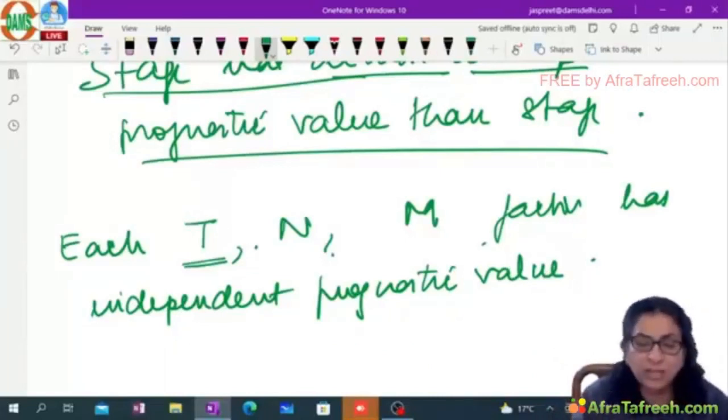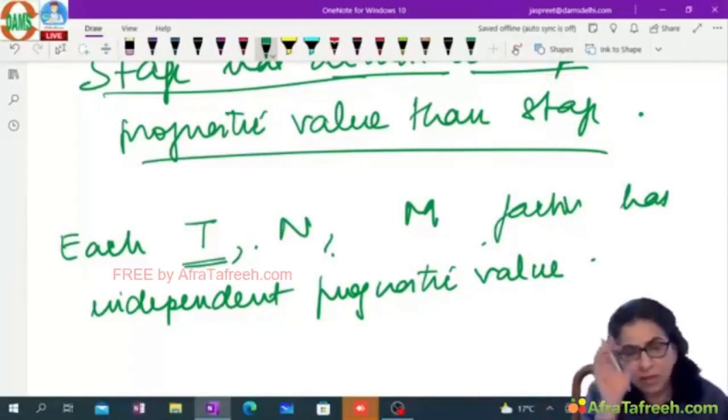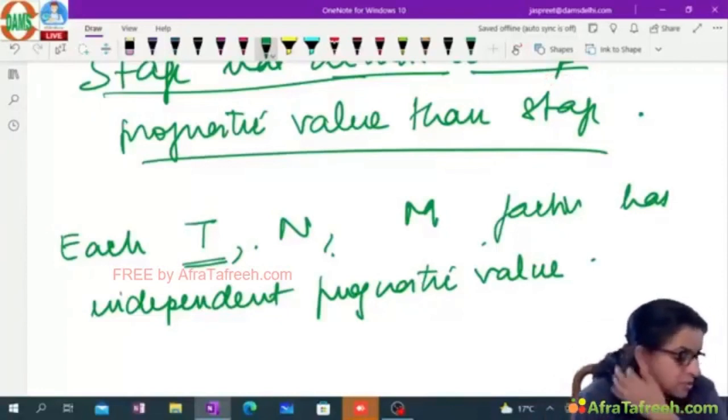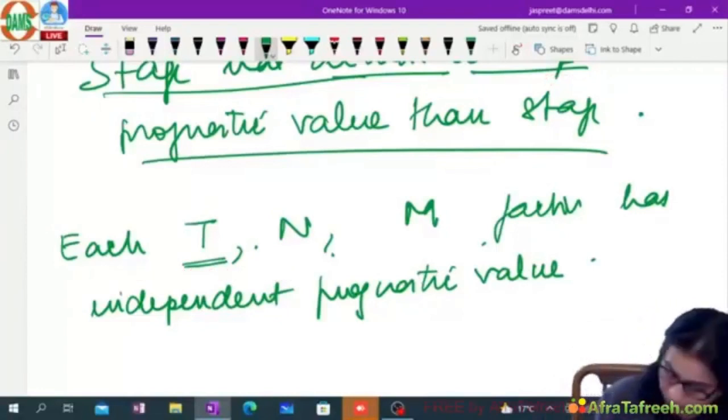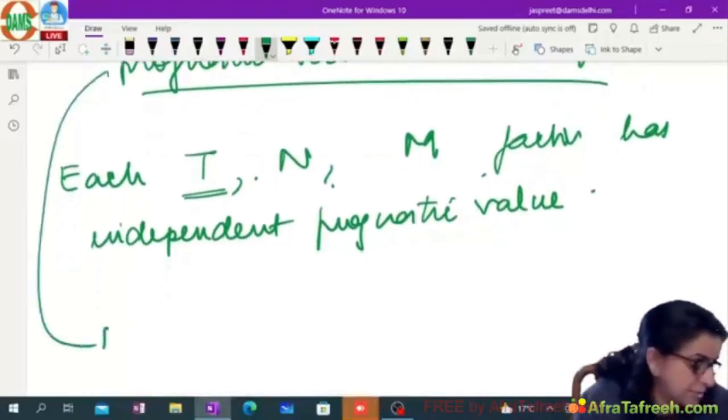And again, very important, I reiterate, staging is almost always more important than grading. There are one or two exceptions to this. What do I mean by staging having more important prognostic value?